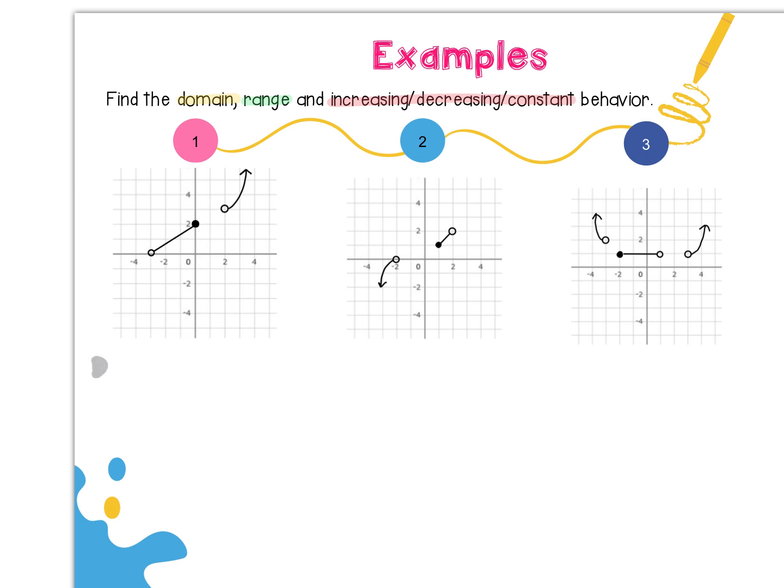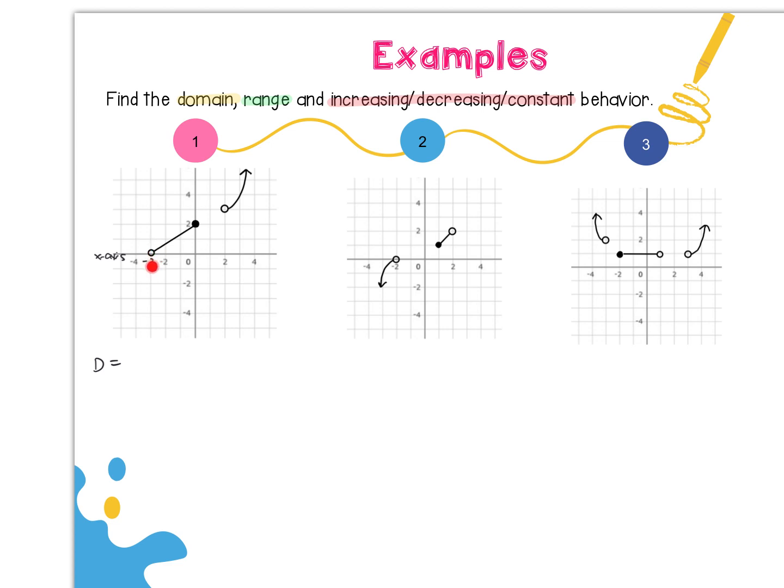The domain is going to refer to my x values. So I just start moving from left to right along the x-axis until I find my first point, and I notice that my graph starts at -3.